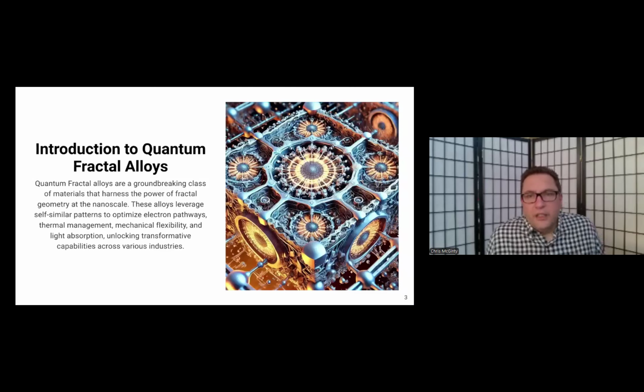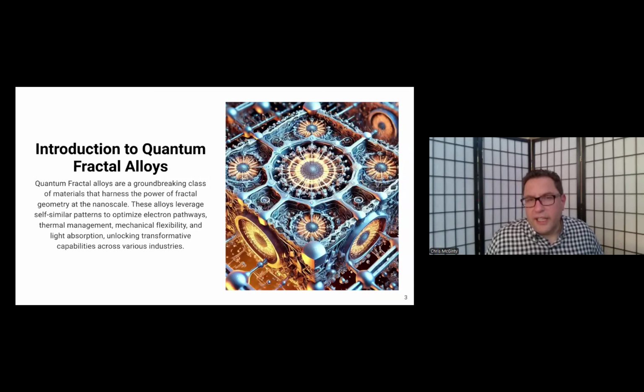So when I talk about a quantum fractal alloy, it goes beyond just being an alloy where you think of two metals that are bonded together to create a new metal at a molecular place. These are alloys where there are different unique entities or different types of materials that are bonded together in kind of a cold fusion-ish way.